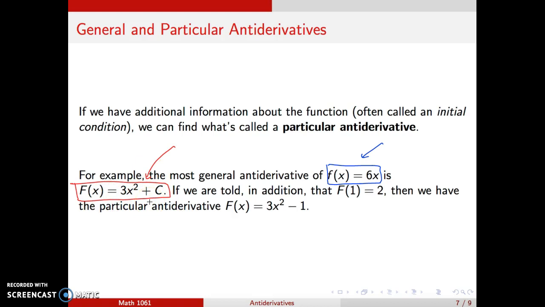But if we're told in addition that f of 1 is 2, then you have the one particular antiderivative that satisfies that, and that is this guy. So c is -1. It's the specific one whose derivative is 6x, and f of 1 is 2.